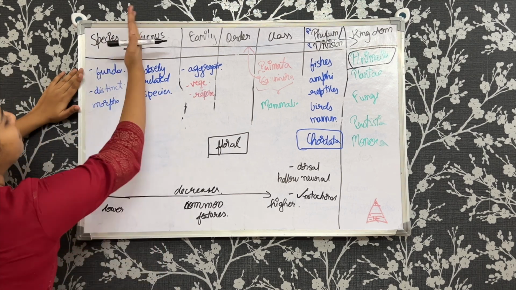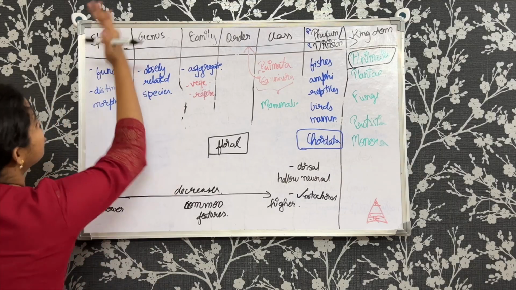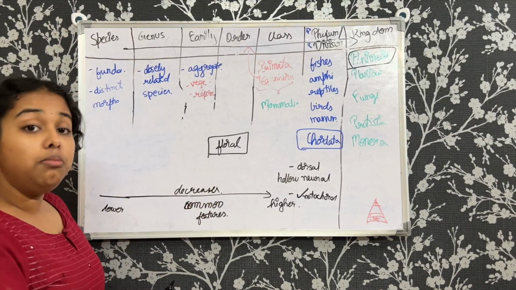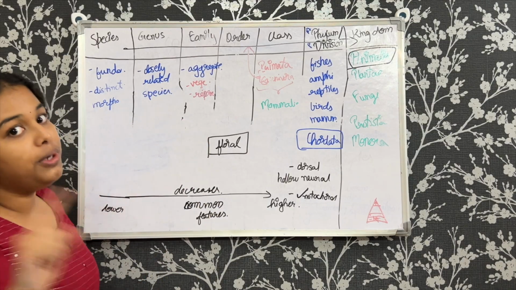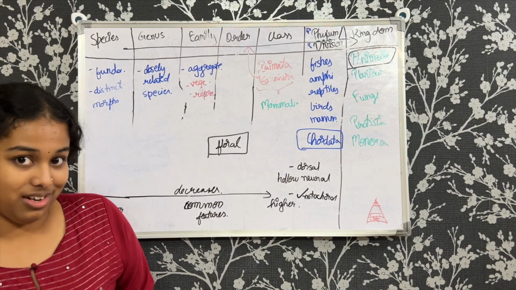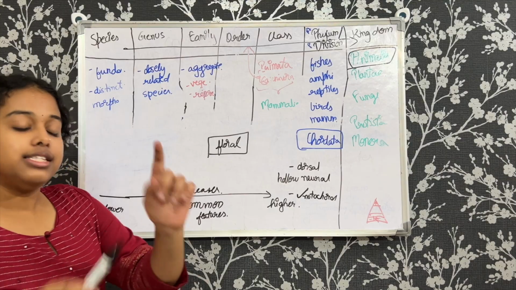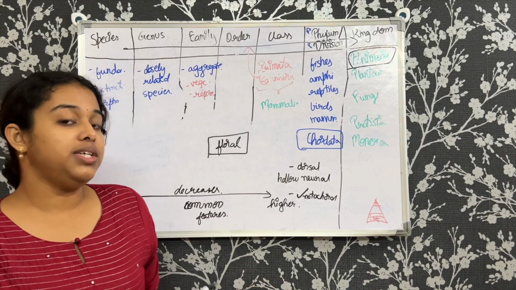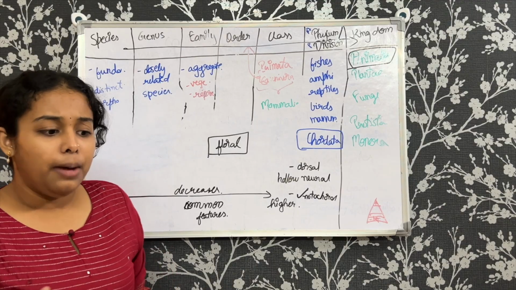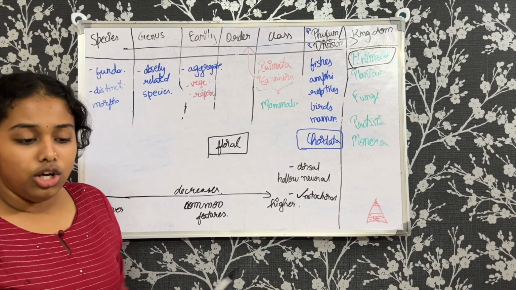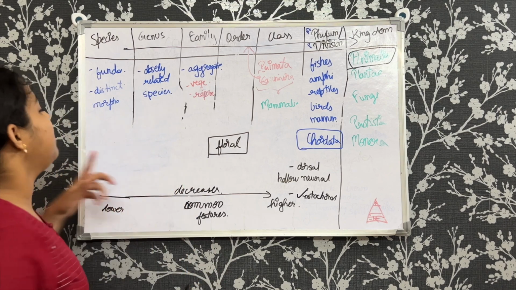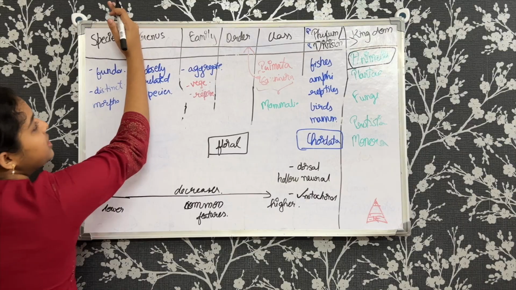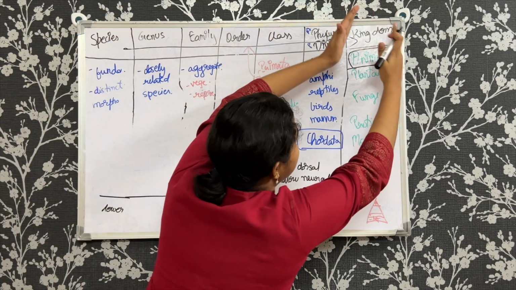Otherwise, the system of classification would stop at species if we were to be so specific about this character belongs only to this and we are not going to group it with this. What I mean is that just because two organisms of different species have some similar characters, that does not mean I'm going to group them. If the scientist who did this had such a thinking, then it would stop at species. We wouldn't have such a simplified understanding.